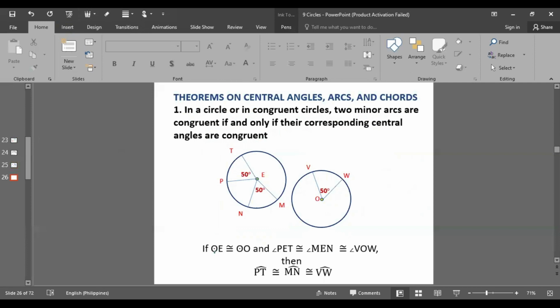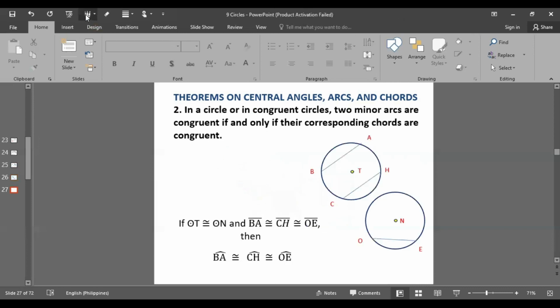So for example, if circle E is congruent to circle O and angle PET is congruent to angle MEN and is congruent to angle VOW, then the corresponding intercepted arcs of each central angle are also congruent. So PT, MN, and VW are also congruent.